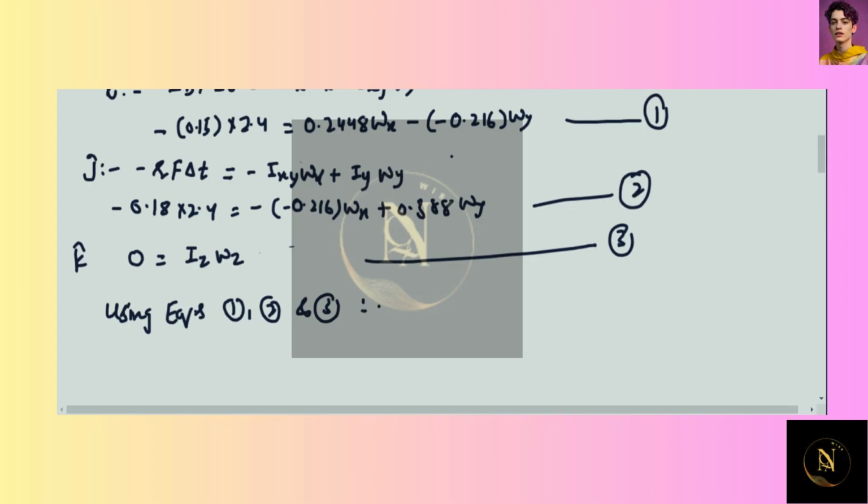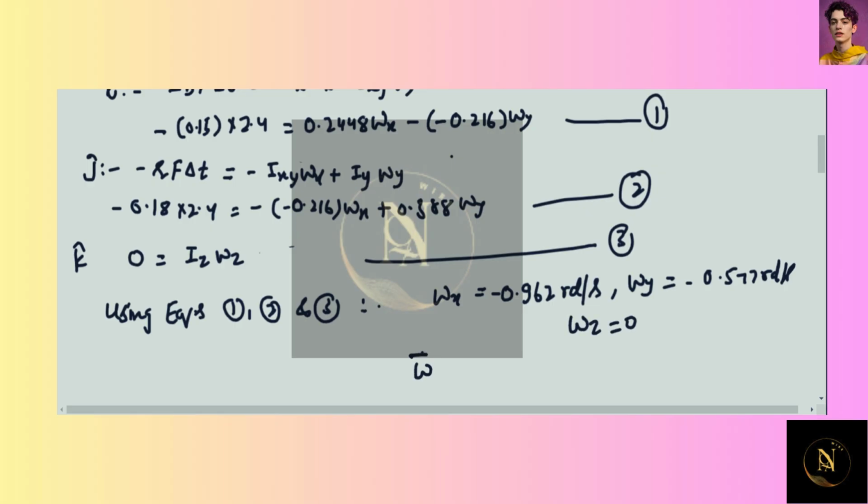Omega x we will get 0.962 radian per second. Omega y minus 0.577 radian per second, and omega z is 0.